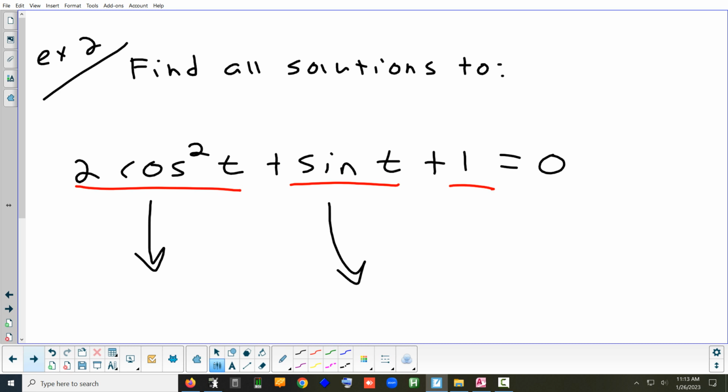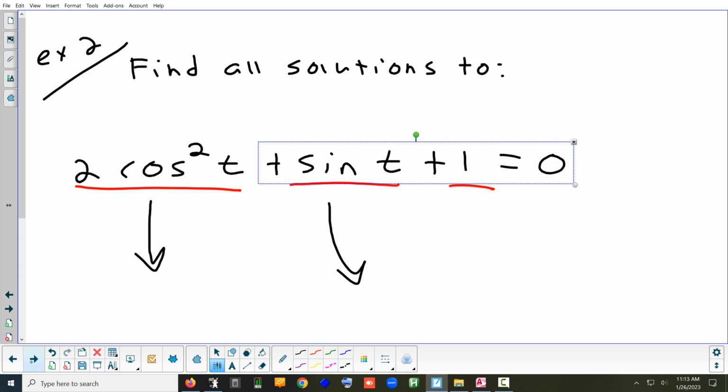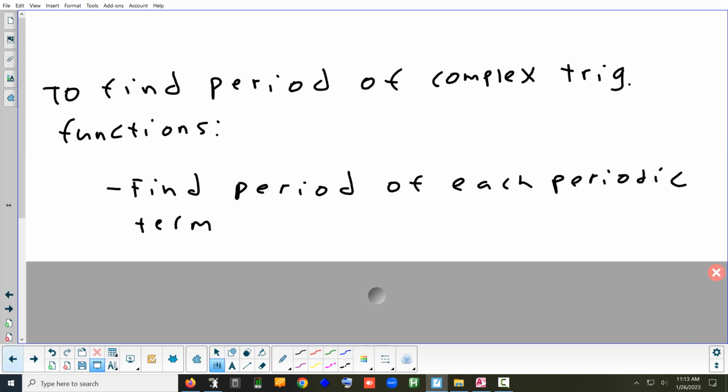Terms are separated by addition and subtraction signs. How many of those terms are periodic? 2. The plus 1 is what you call a constant term. That's not periodic. But anything with a trig function is periodic. So what we have to do is find the period of cosine squared, and then find the period of sine. So the first step is to find the period of each individual periodic term.